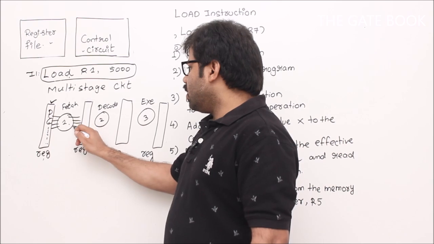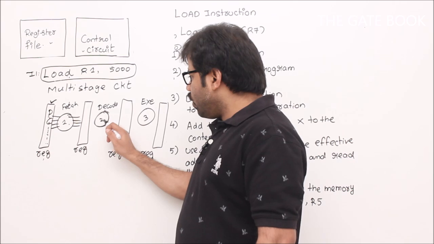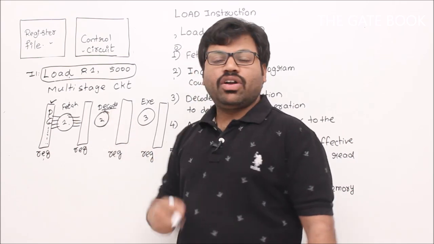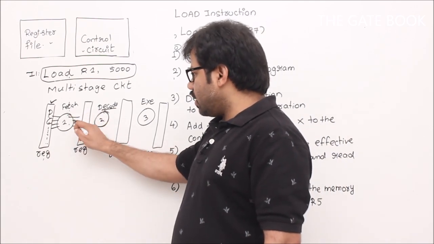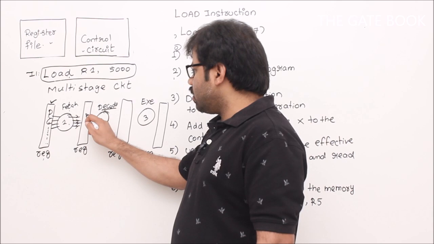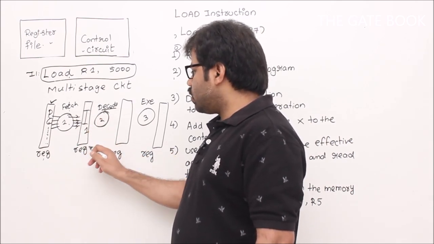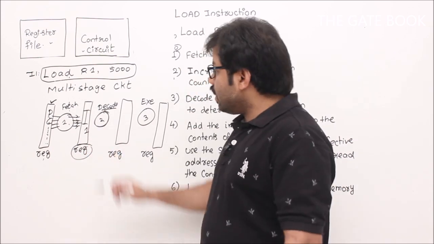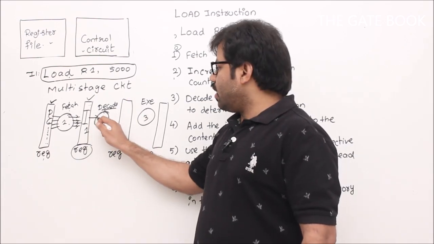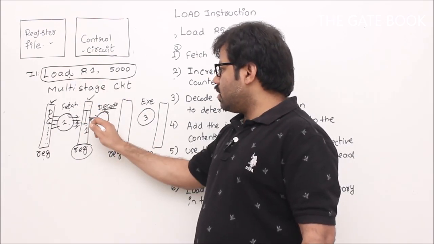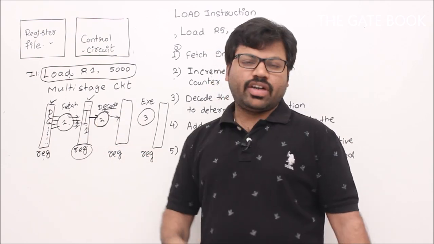Once you fetch it, that instruction, let's call it I1, will be temporarily stored in this register, so that it can be used as input to the decode circuit. Now that instruction I1 is taken as input by the decode circuit, and that is going to provide some output.